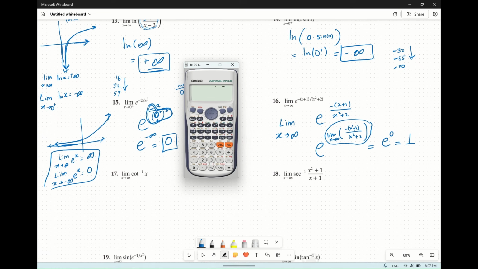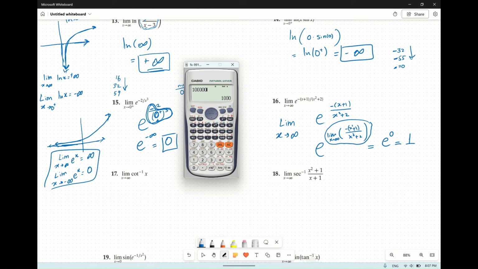Now since the number is very large, the calculator might take some time. Okay, probably the number was way too large, so let me click calculate again. Let's make it a little bit larger. Okay, so now look, 0.998. So this is approximately 1. Let me try adding more zeros.